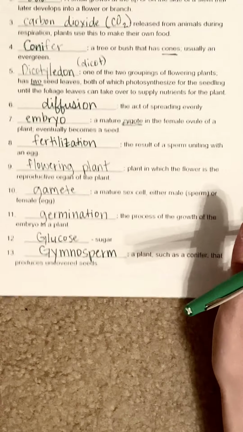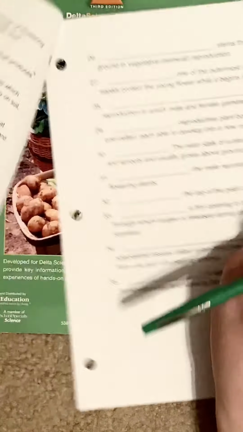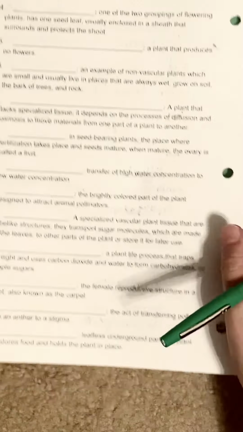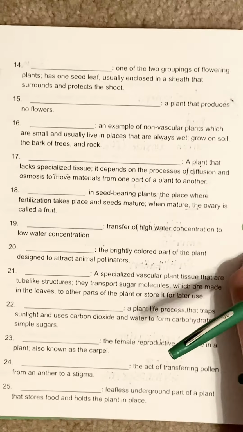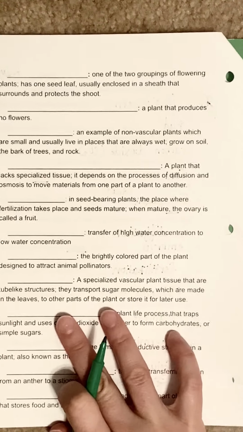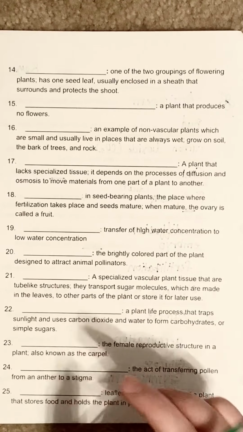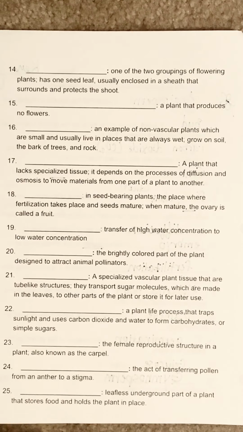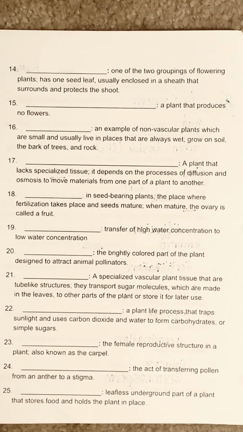All right, going on to number 14. Ooh, my pen kind of bled through a little bit. Let me make sure we're lined up so you can see. Okay. Kind of, sort of. That's better. One of the two groupings of flowering plants that has one seed leaf, usually enclosed in a sheath that surrounds and protects the roots.